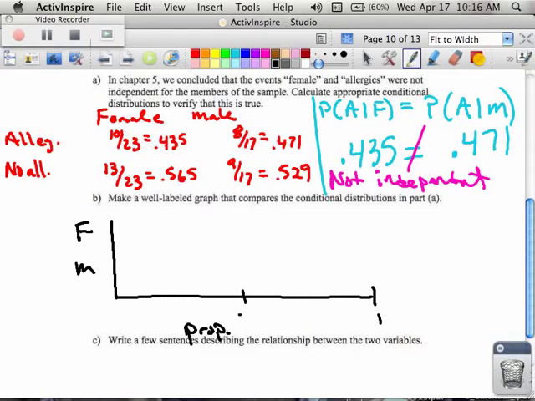So here would be 0.5, 0.1, 0.2, 0.3, 0.4, 0.6, 0.7, 0.8, 0.9. And there are two parts, so I probably should use a key. Maybe orange would be allergies and purple would be no allergies.